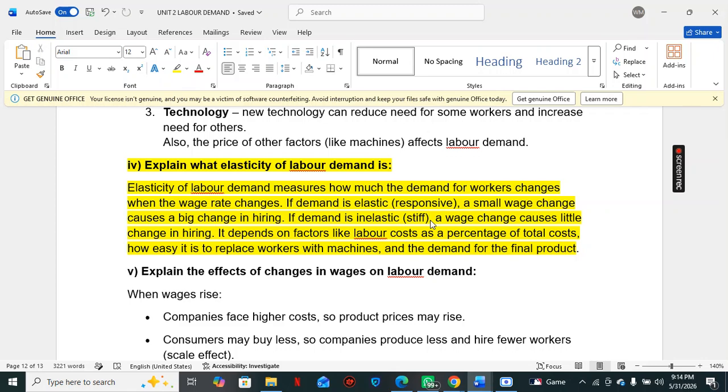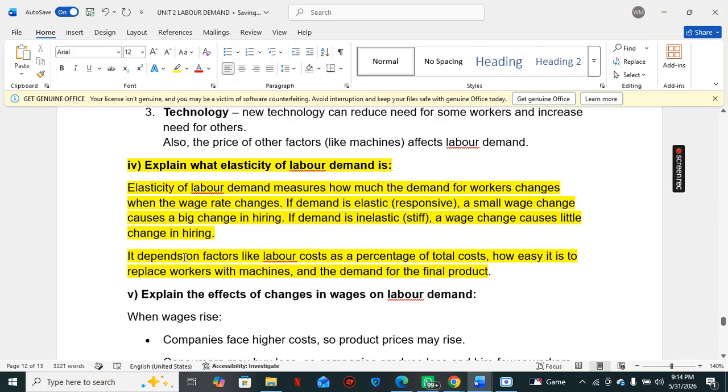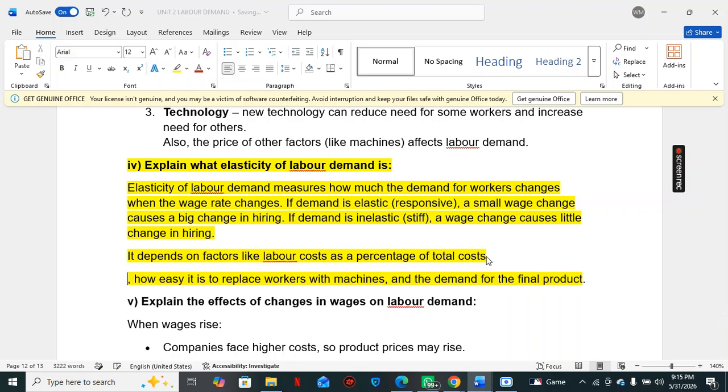Okay. And what affects the elasticity of labor demand is labor costs as a percentage of total costs.